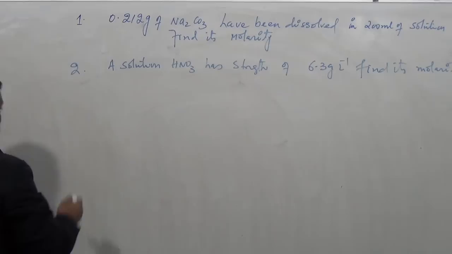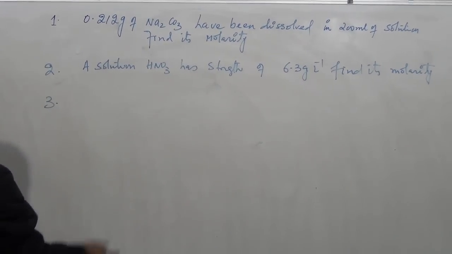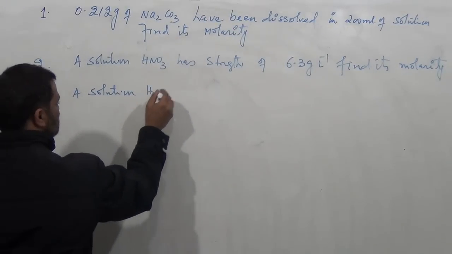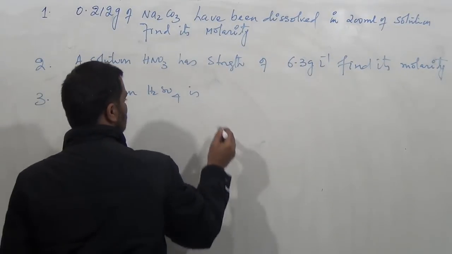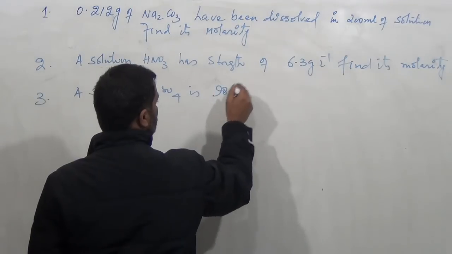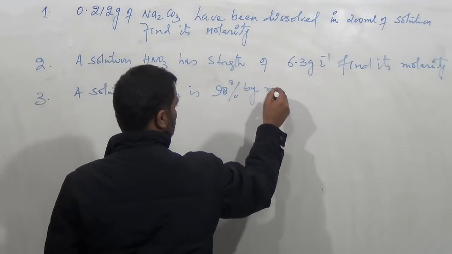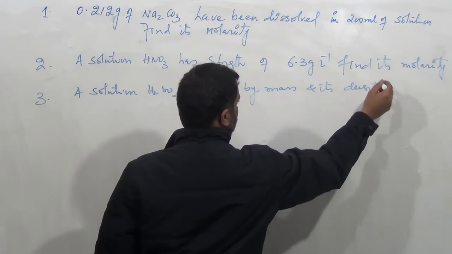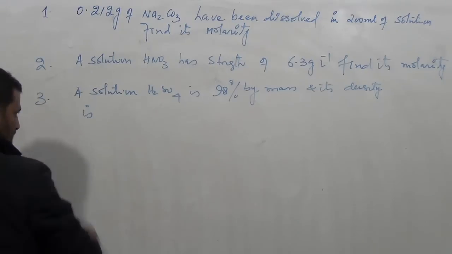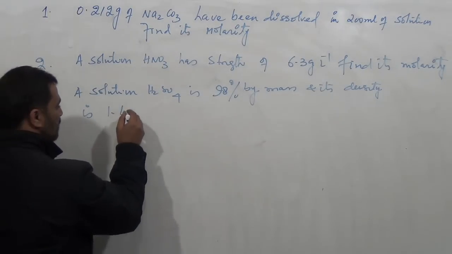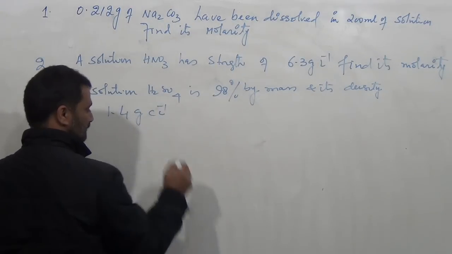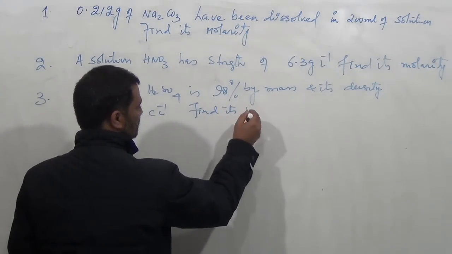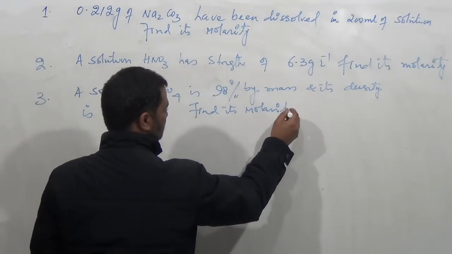Then question number 3: a solution of H2SO4 is 98% by mass, and its density is 1.4 grams per cc. Find its molarity.